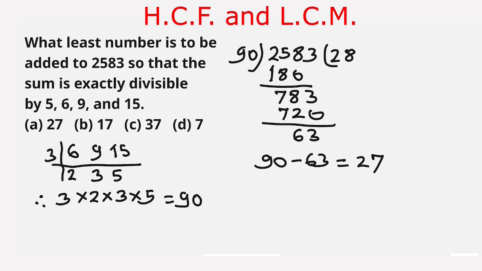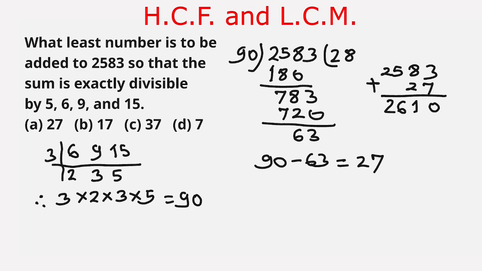And 27 is that number which, when added to 2583, will make this number exactly divisible by 5, 6, 9 and 15. We can verify it also. 2583 plus 27 is equal to 2610. 2610 is exactly divisible by 90.